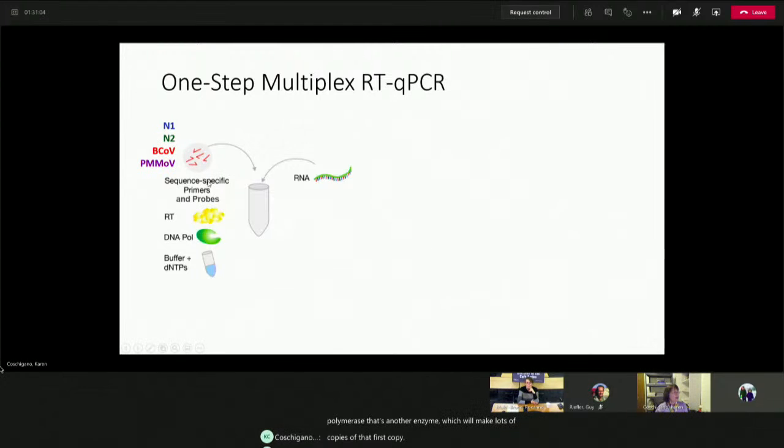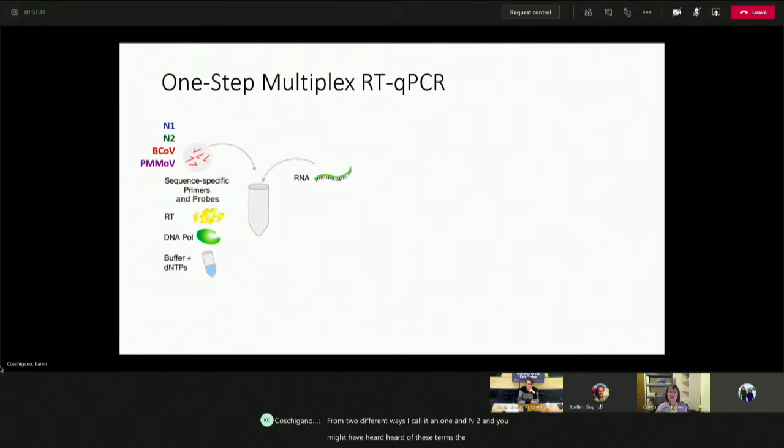And I have what I call sequence-specific primers and probes. So I'm actually looking for evidence of 3 different genes. So I look for the viral RNA, so evidence of the virus, in 2 different ways. I call it N1 and N2, and you might have heard of these terms.